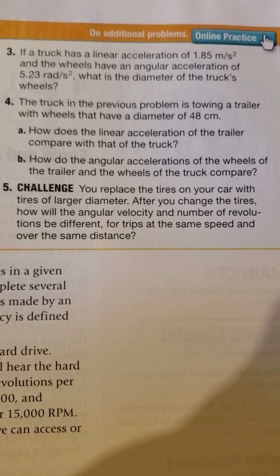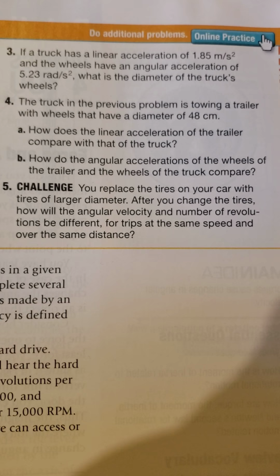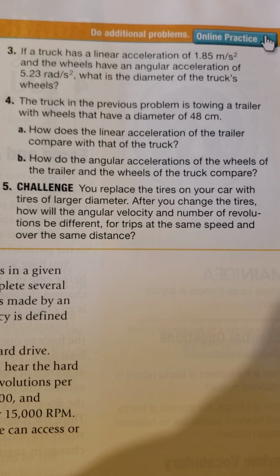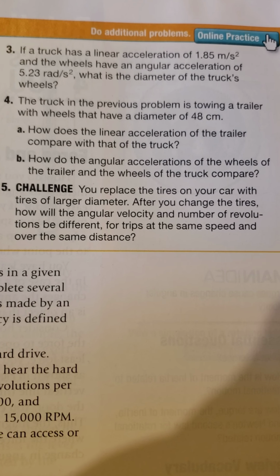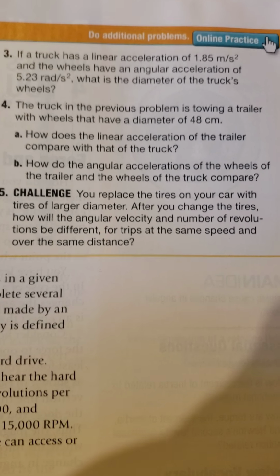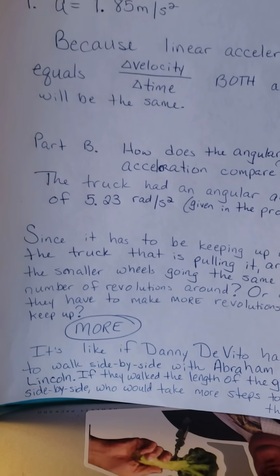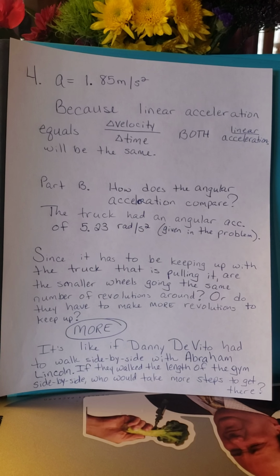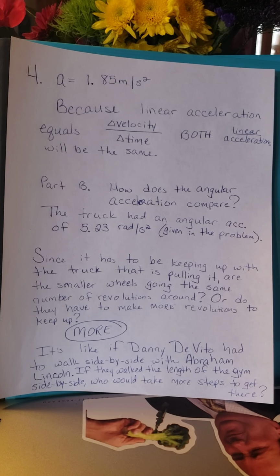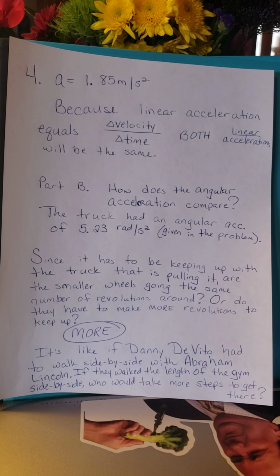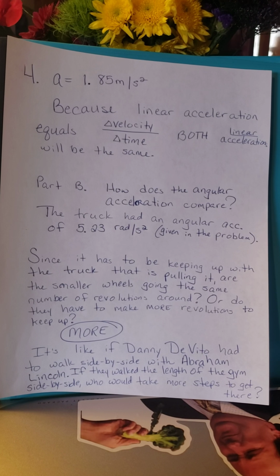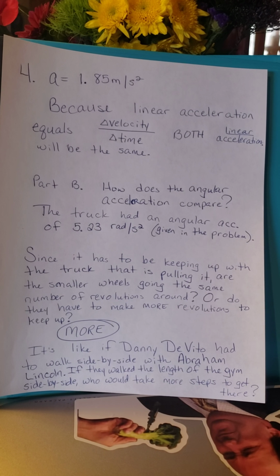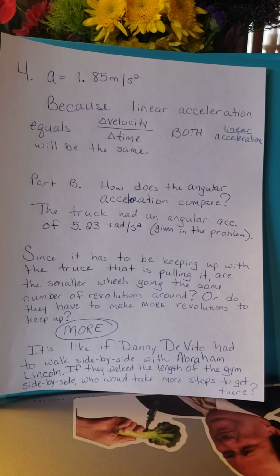So let's go on. How does the linear acceleration of the trailer compare with that of the truck? Because the linear acceleration is equal to velocity over time, or the change in velocity over the change in time, their linear accelerations are going to be the same.